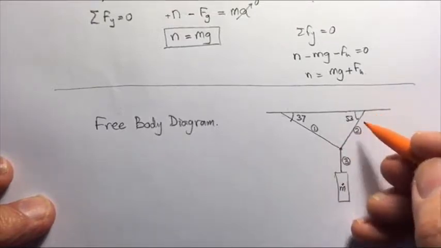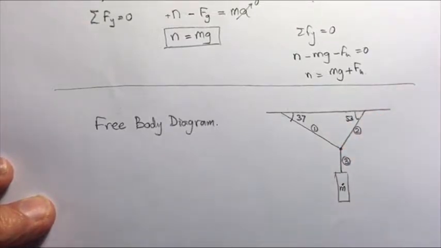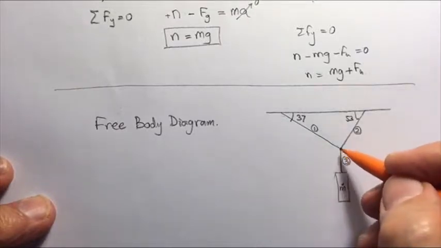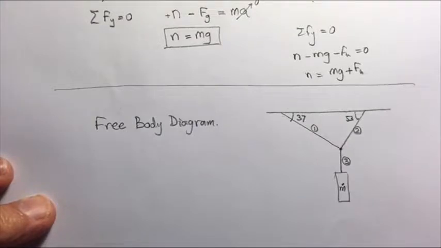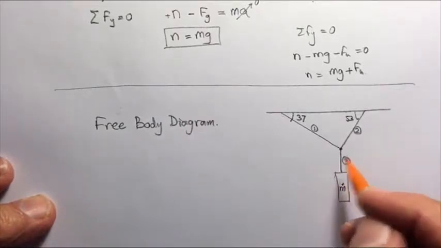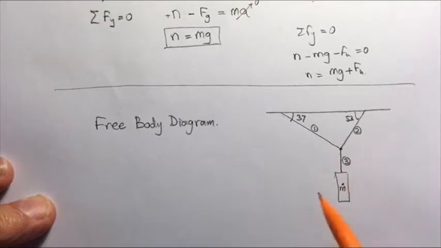Along each string, there's a tension that pulls in both directions, so we'll have to see which one to consider. And the third thing we need to do is to break up all the forces in x and y directions, and then write the equilibrium equations.